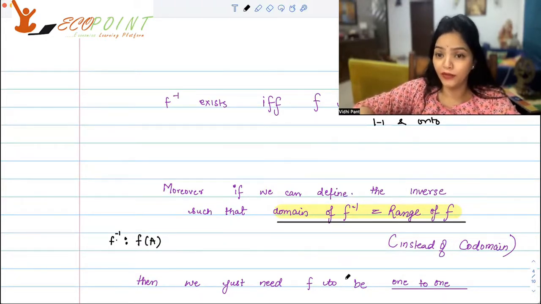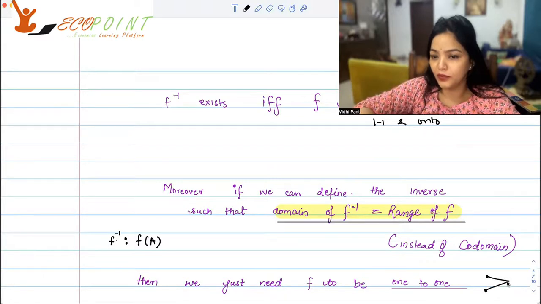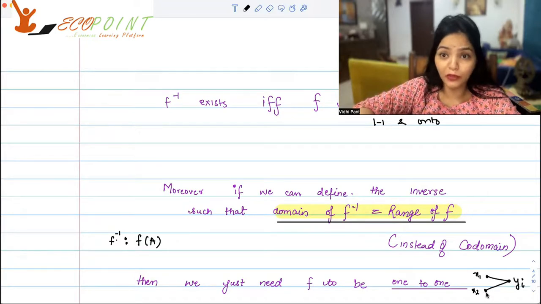One-to-one is required because think about it. If a function is many-to-one, that means from the input set, say two elements, x1, x2, are mapping to one element, some yi. When I go back from B to A, what do I do? One input mapping to two outputs?